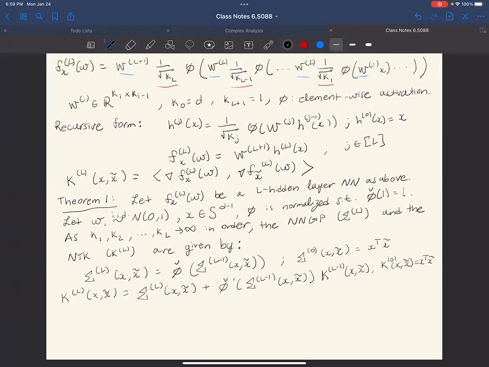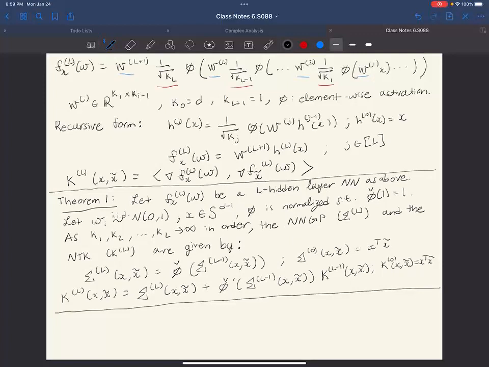Okay. So I just want to note a couple of things here. Maybe I'll just draw a line here. So this is the theorem, and this is what we're going to prove. But we've already established this result for certain cases. And in particular, we did this for the case where L equals 1.